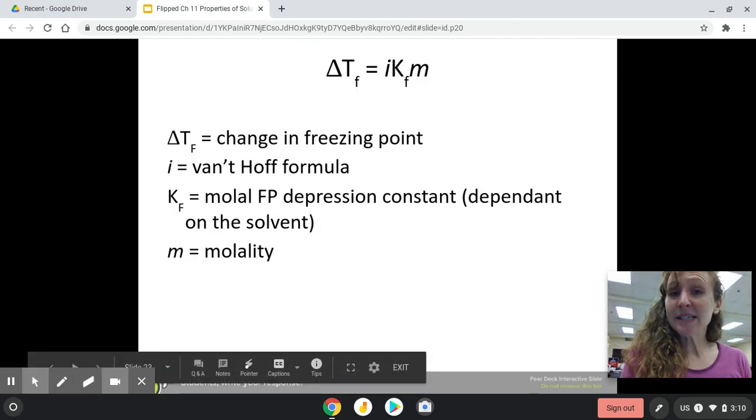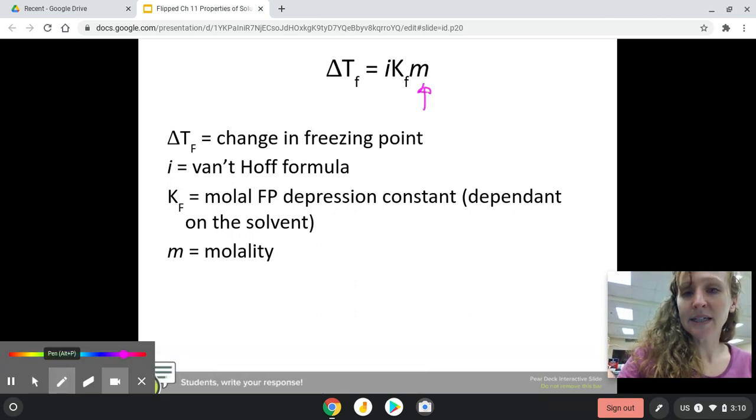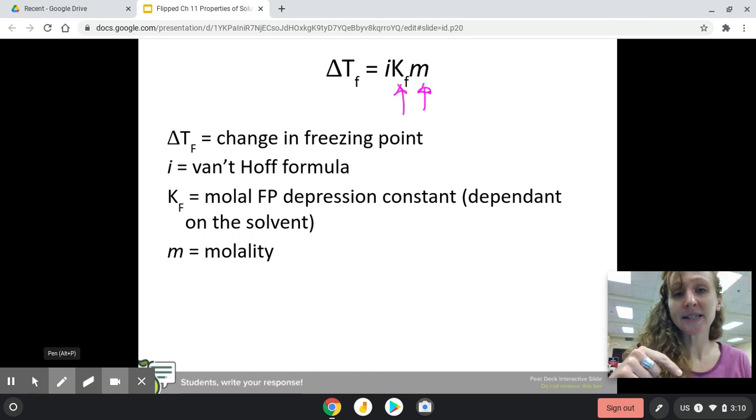The freezing point depression equation has an extremely similar formula. Notice it has all the same components. Molality, the K, and this K is going to be a different K than the K for the boiling point. So again, you would have to look it up.